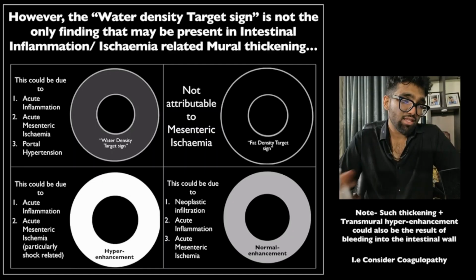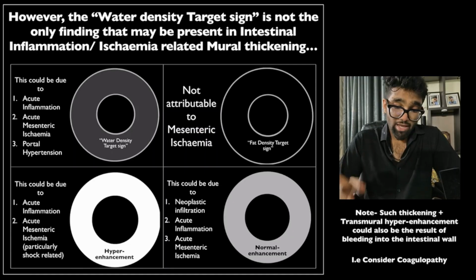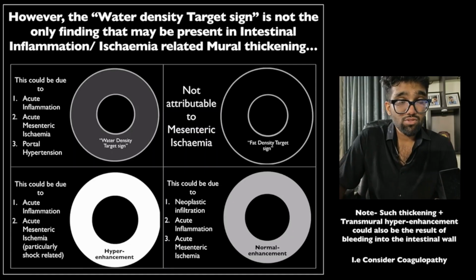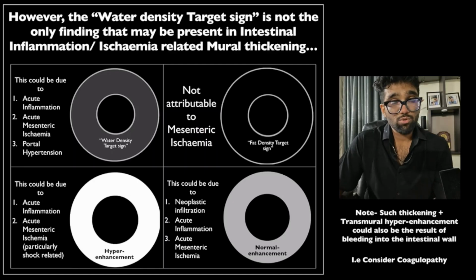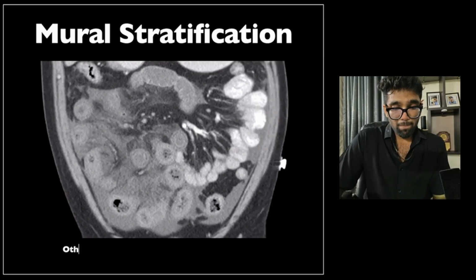Otherwise, whether it is mural stratification with a water density target sign, or mural thickening with diffuse hyperenhancement, or mural thickening with normal enhancement, it could still be due to acute mesenteric ischemia or acute bowel inflammation.